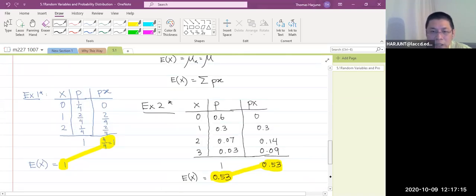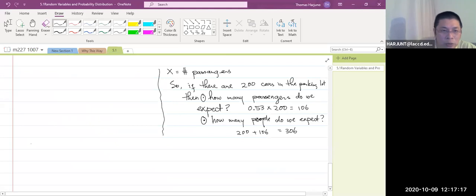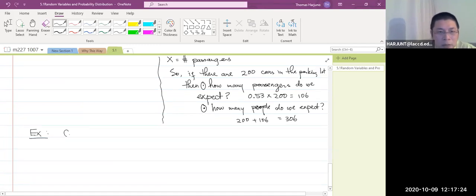Now, using this knowledge, let me ask you to complete this probability distribution and compute the expectation.